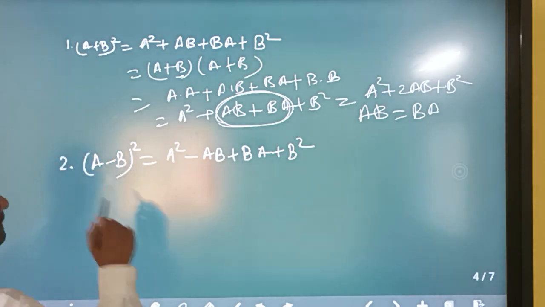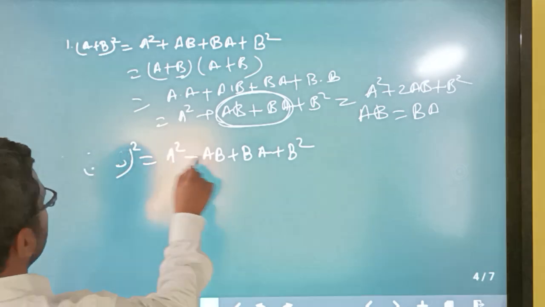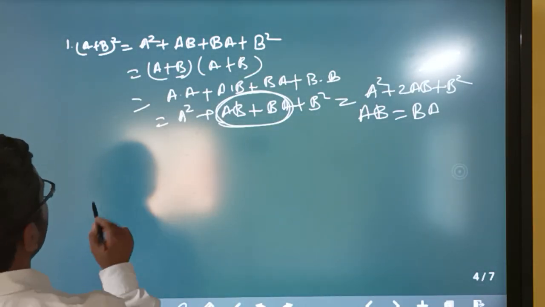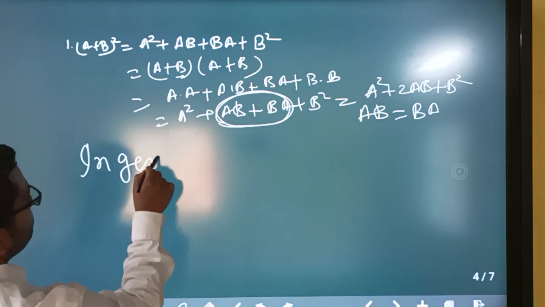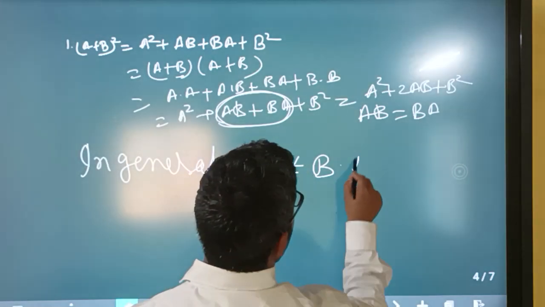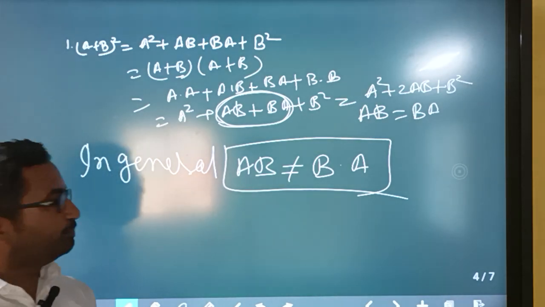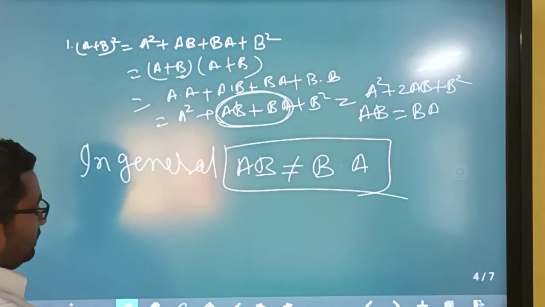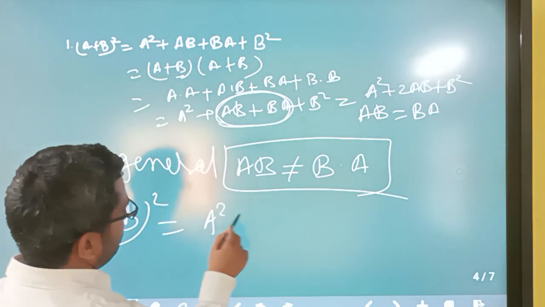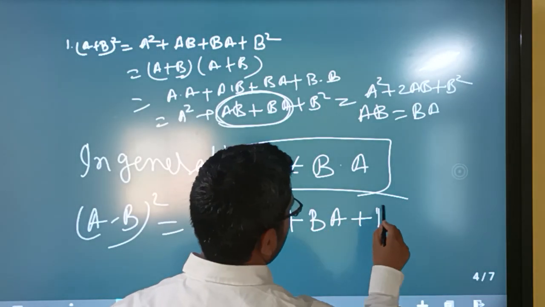In general, AB is not equal to BA. Now A minus B whole squared is A squared minus AB minus BA plus B squared.